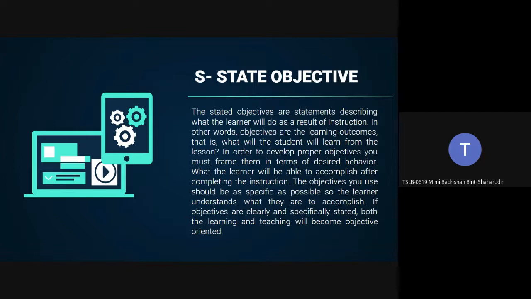In order to develop proper objectives, you must frame them in terms of desired behavior, what the learner will be able to accomplish after completing the instruction. The objectives you use should be as specific as possible so the learner understands what they are to accomplish. If objectives are clearly and specifically stated, both the learning and teaching will become objective oriented.